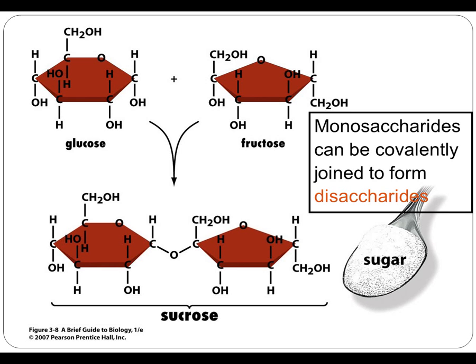The bond is called a peptide bond. So a peptide bond helps form our protein. A glycosidic bond helps form our carbohydrates, our polysaccharides.